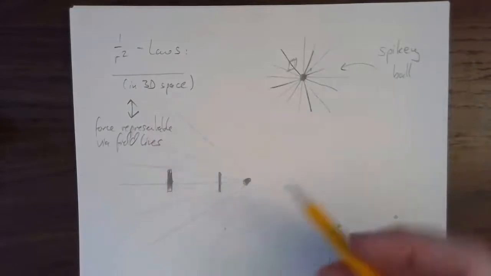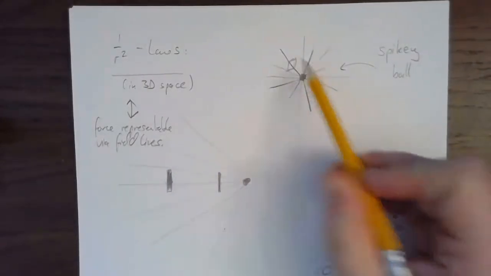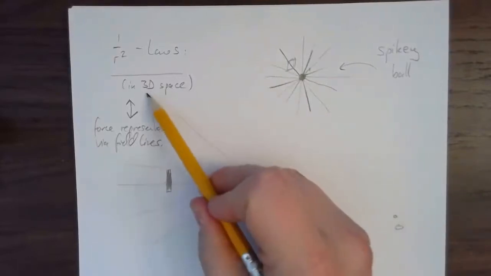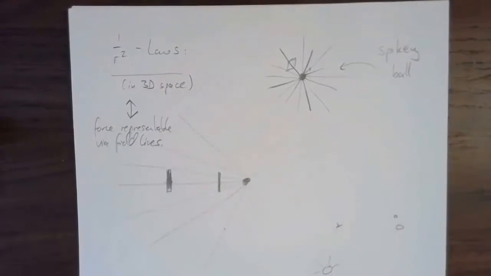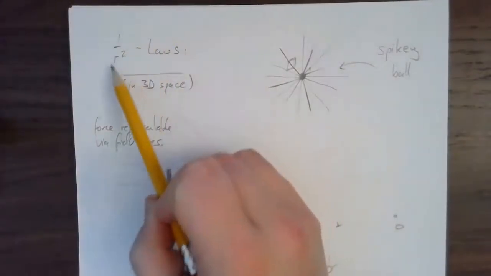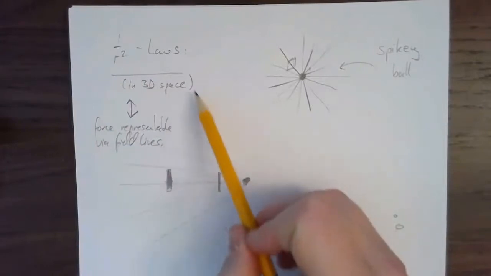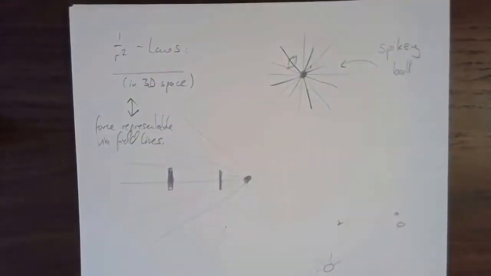So we can, in a sense, philosophize about whether there is some inherent reason that, given that we live in 3D space, we should expect 1 over r squared laws. Or perhaps, more profoundly, is the nature of the physical laws, the 1 over r squared, in some way responsible for the 3D-ness of our space?